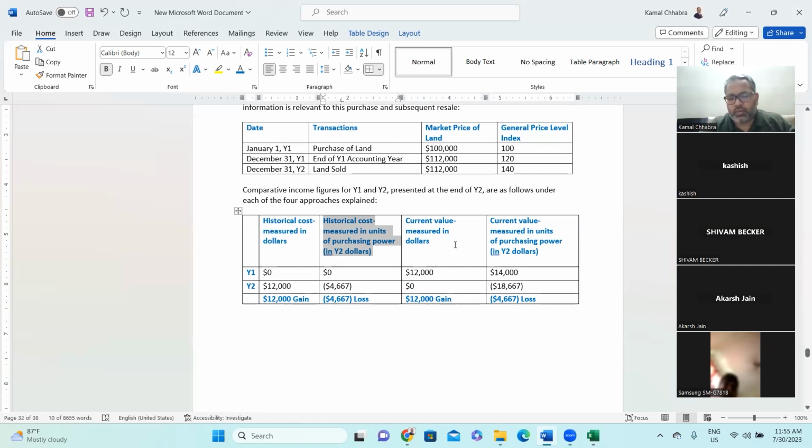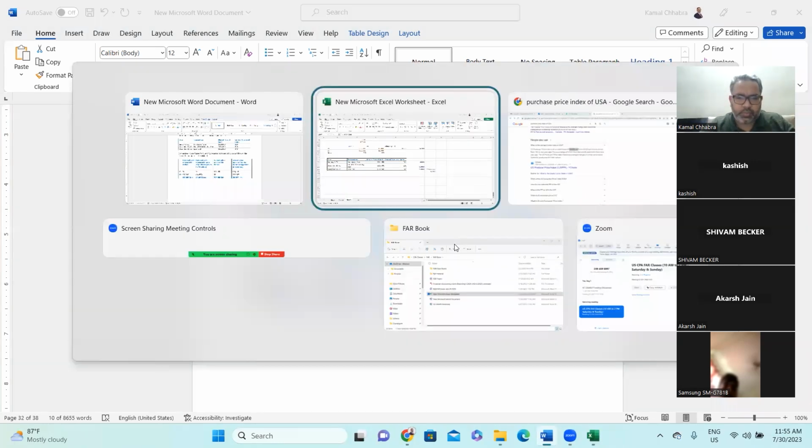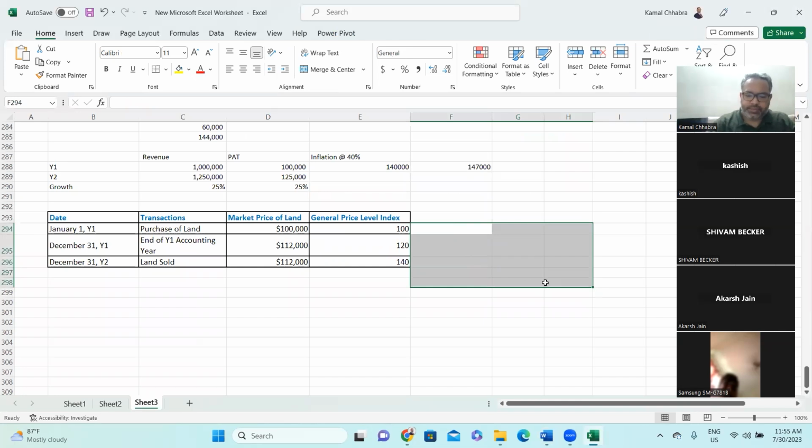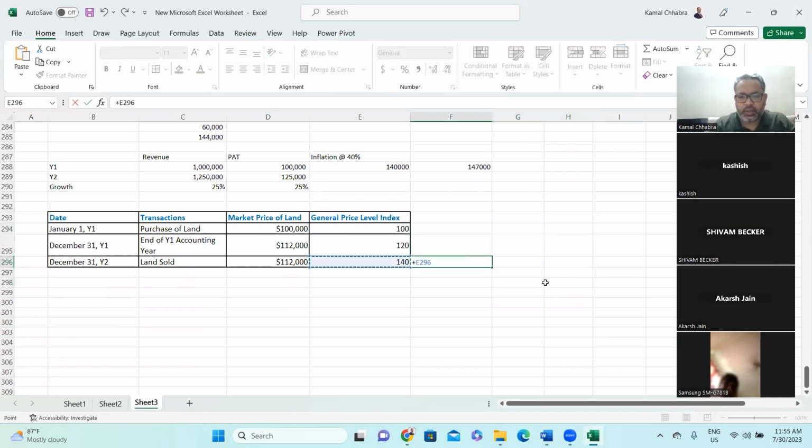Right. तो सर एक बार कैलकुलेशन दिखाना 4,667. So what is it saying? You are here in year 2, you are selling, 140 divided by 120. This is your price index. So this price index impact you need to multiply with the land value.